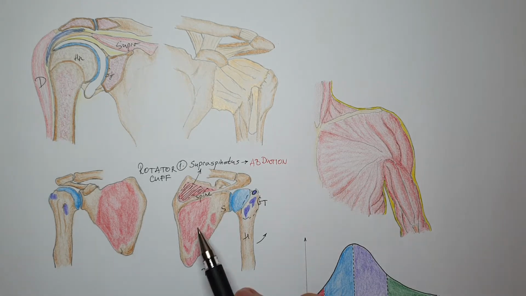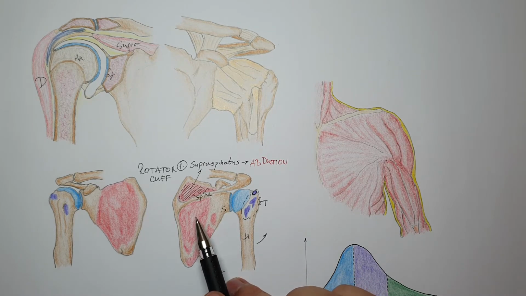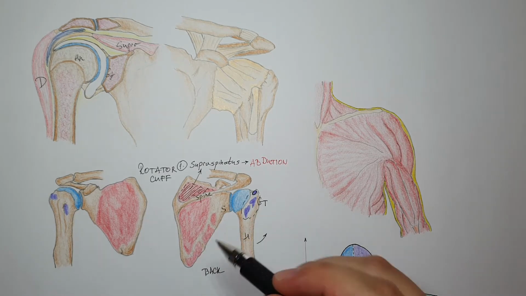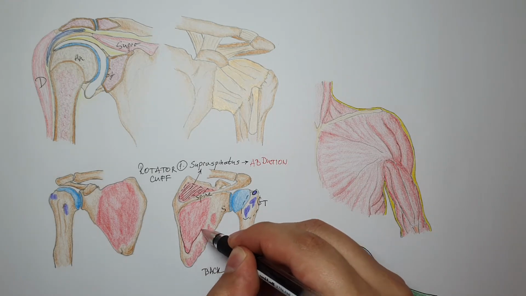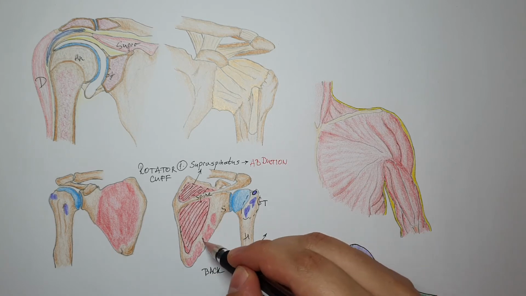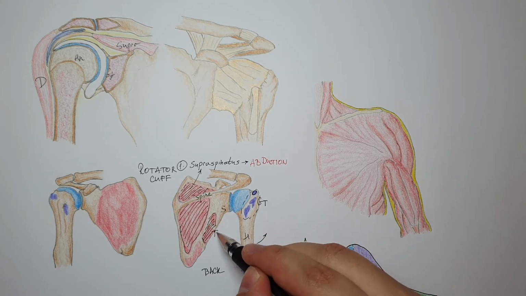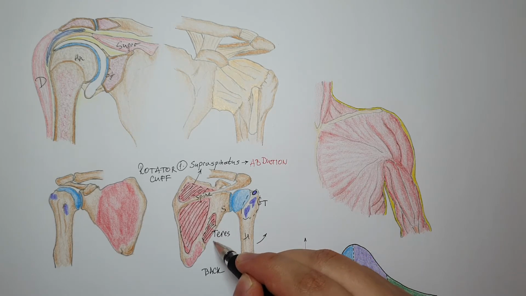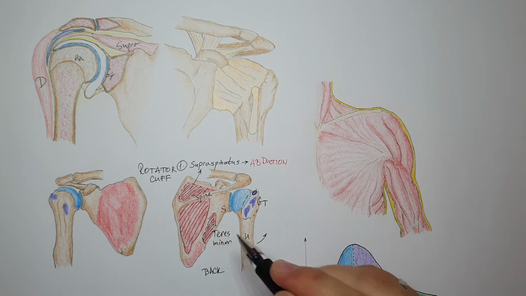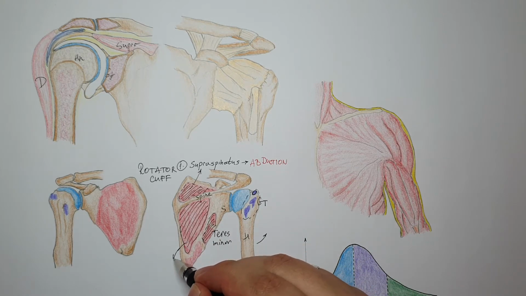Then, inferior to the spine of the scapula, in the infraspinous fossa, we have the muscle that is called the infraspinatus and the muscle that is called the teres minor.